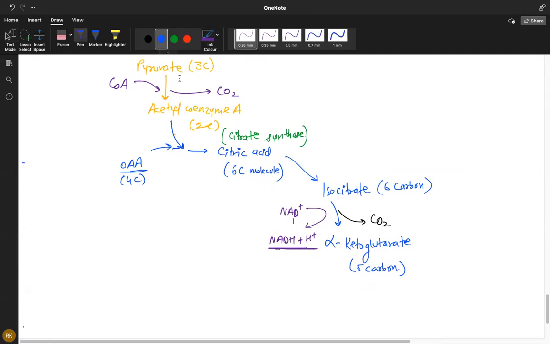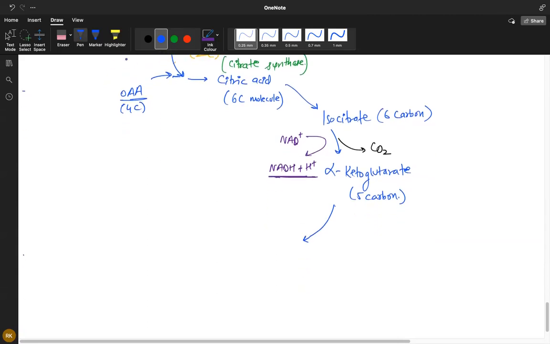Now from alpha ketoglutarate, again, there are a few steps, but what we will be talking about is succinic acid. There is a succinyl group in between, but we'll not talk about that. Many things happen in between, but the important step is from alpha ketoglutarate we come to succinic acid or succinate.